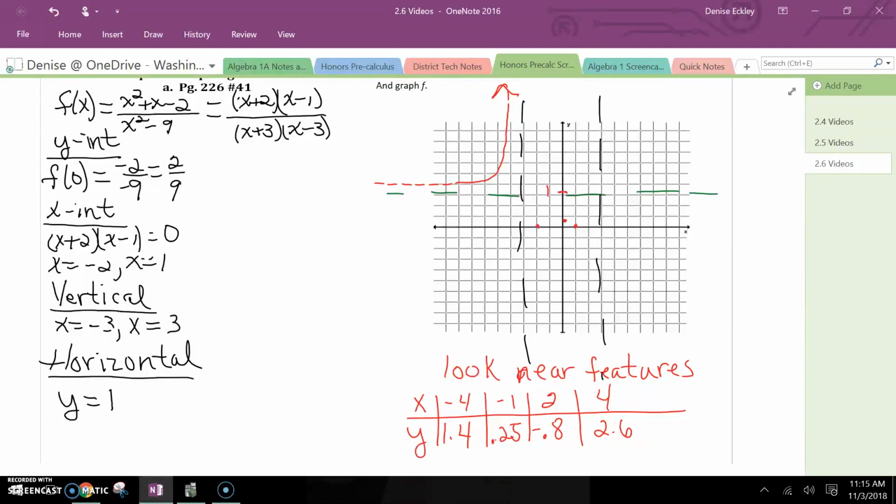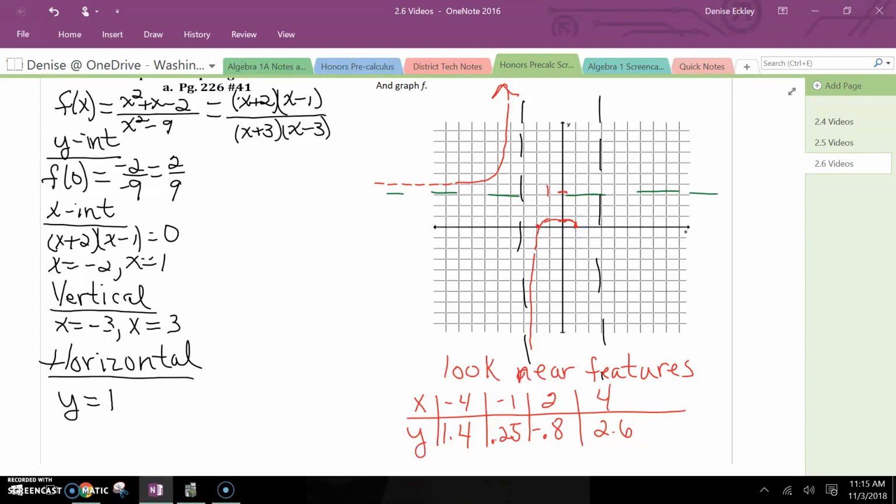Now when I look at -1, what I see is that I'm at a positive value here. And I'm at 0 at -2. And then it tells me that I really need another value. I really should look at something in between -3 and -2. And I did do that, and I saw that I had a very large negative number. And so this comes up like this, goes through the y-intercept.